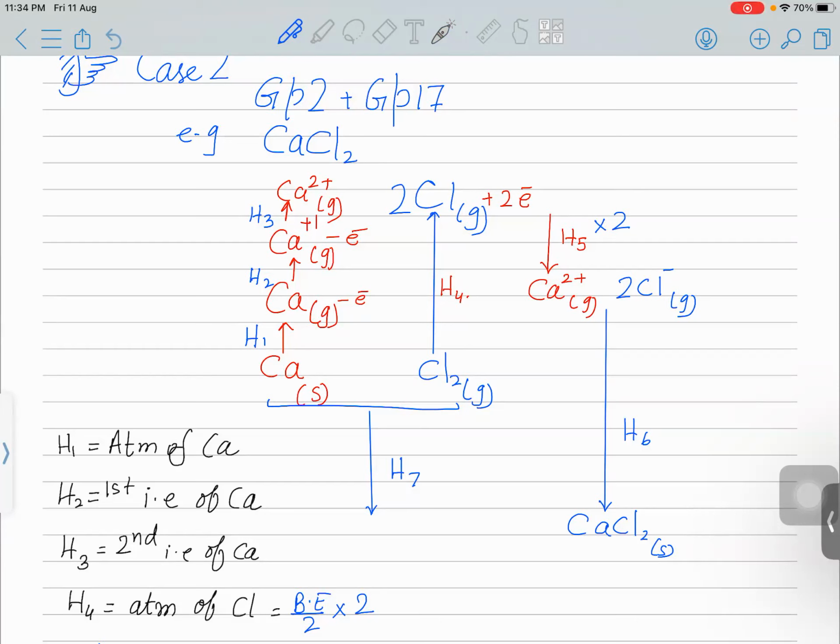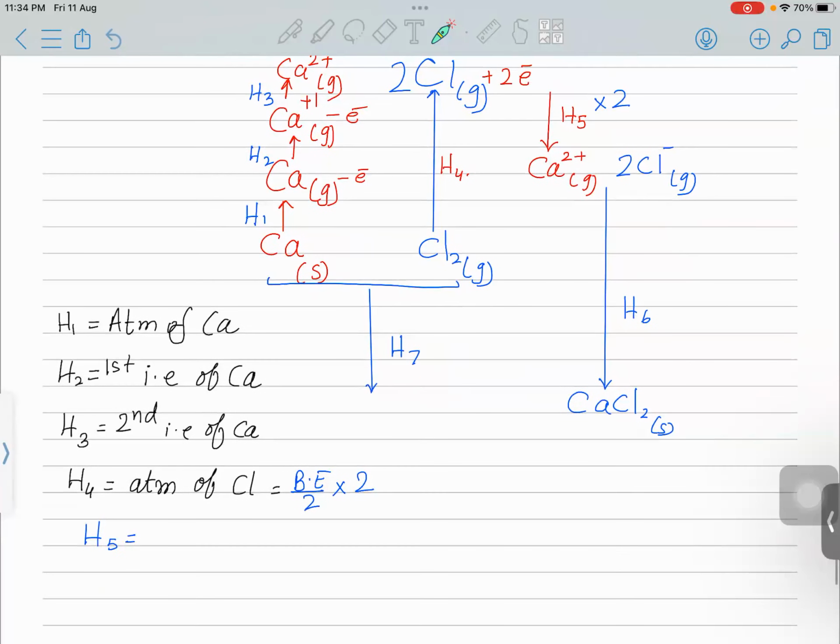But here you have 2 chlorine atoms, so you have to multiply it by 2. Are you getting my point? So H5 is 2 times the electron affinity of chlorine.